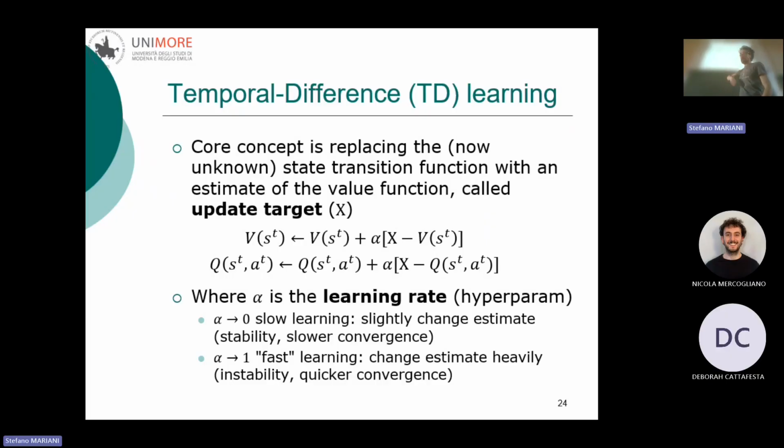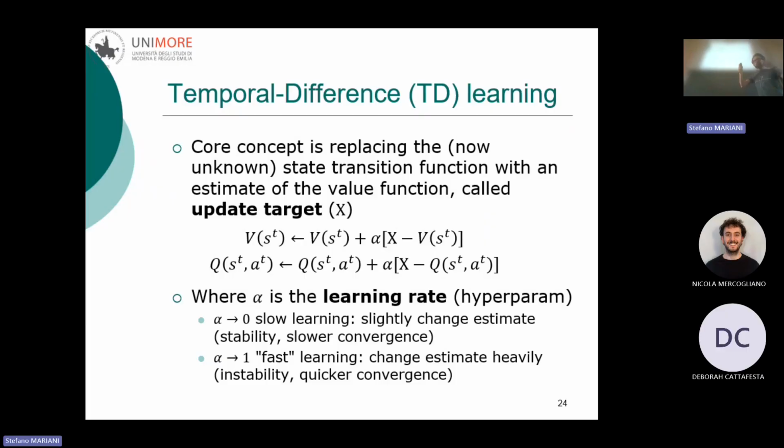This term, the one that substitutes the state transition function, is usually called an update target. So it is, I don't know how to say, a proxy. Something that I believe can guide me towards the correct behavior. We will obviously see examples of this update target, what we can put there.